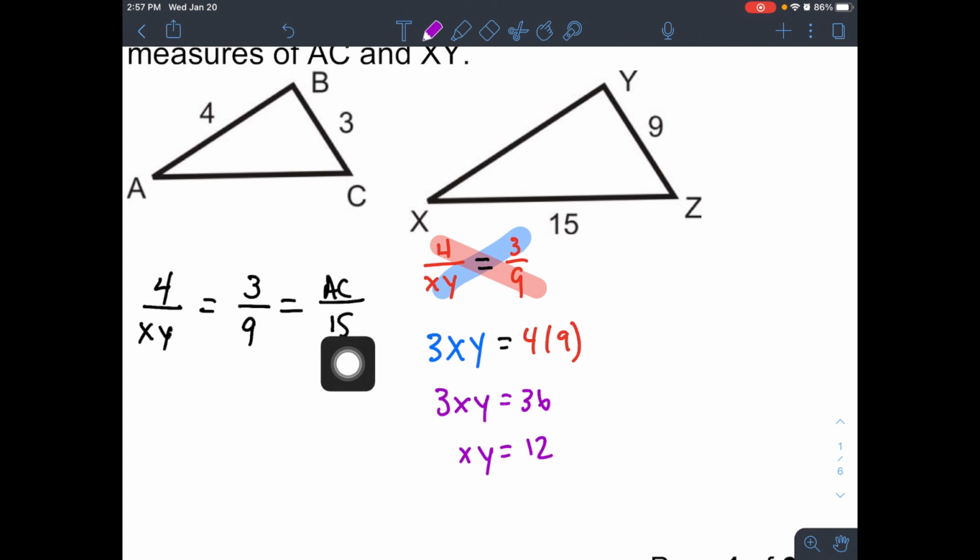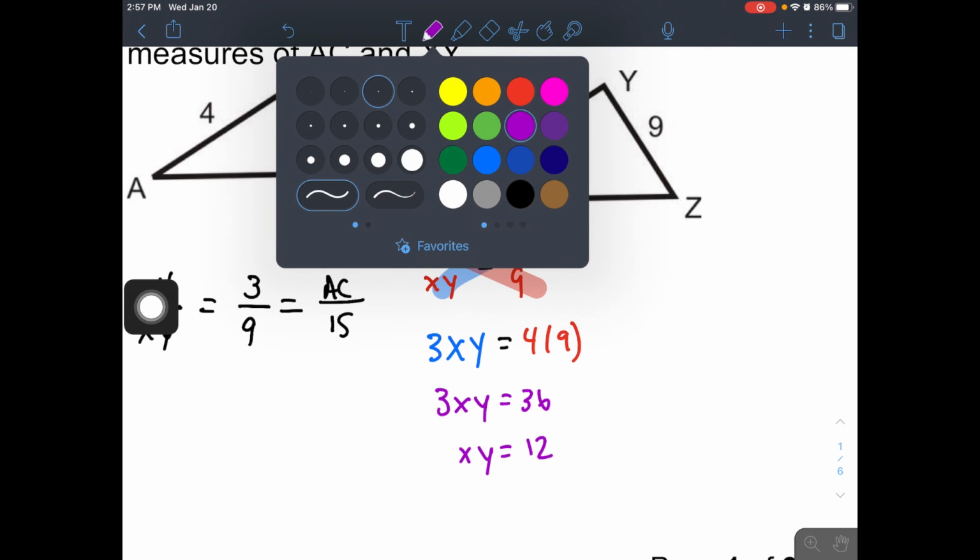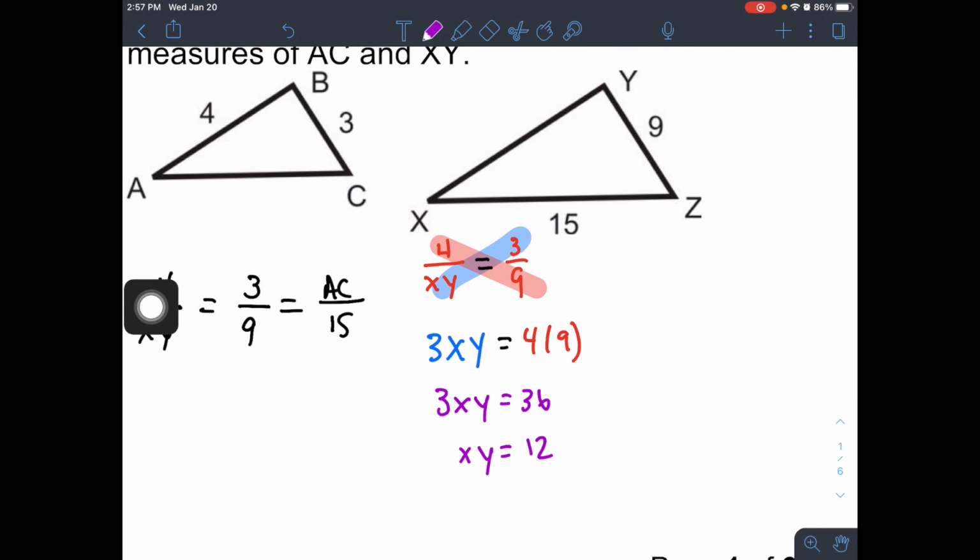If I want to try to figure out what AC is, so again, I'm going to set up that particular one, and set it equal to the fraction that I'm aware is complete. Again, follow that cross multiplication process.